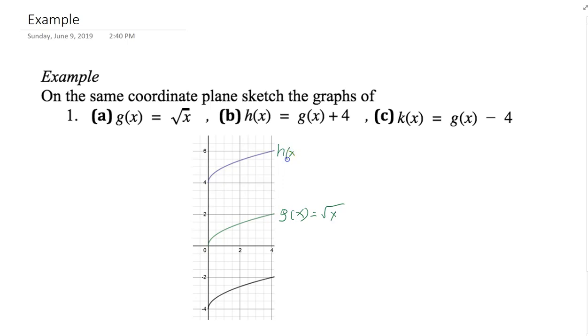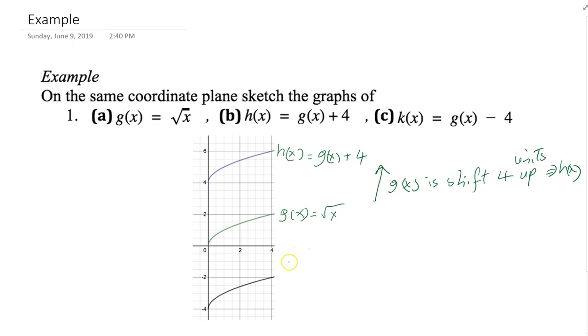So h of x would be equal to g of x plus 4. Now notice what happens. The g of x function is shifted up 4 units to get to h of x.